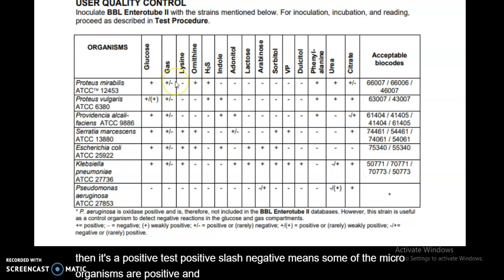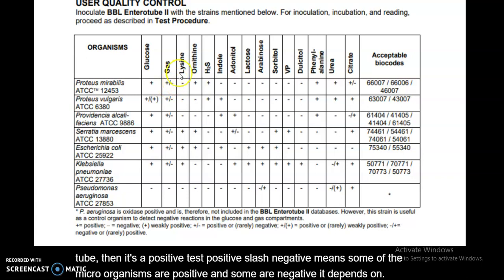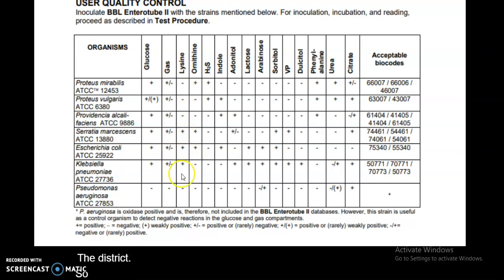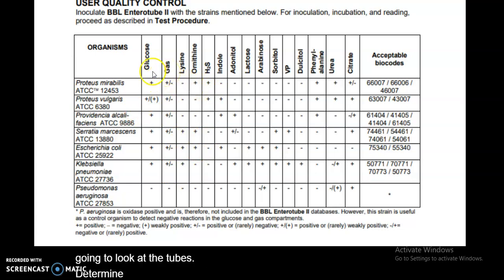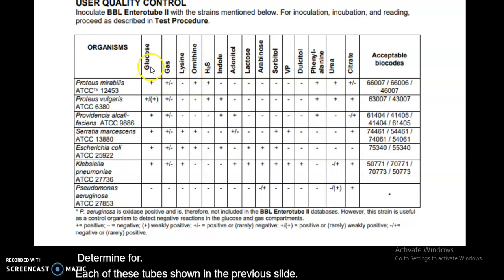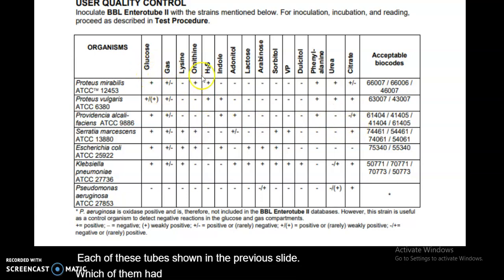It depends on the strain. So it could be a positive test or it could be a negative test. Okay, so you're going to look at the tubes, determine for each of these tubes shown in the previous slide which of them had the color change, is it positive, is it negative, and compare them against this chart. And then you can tell which microbe is in which enterotube.